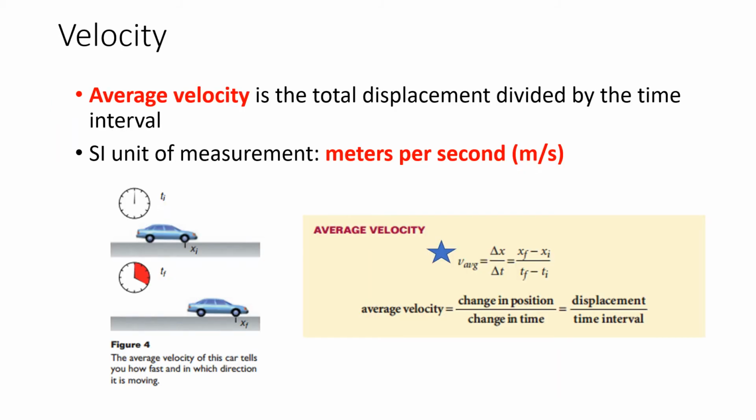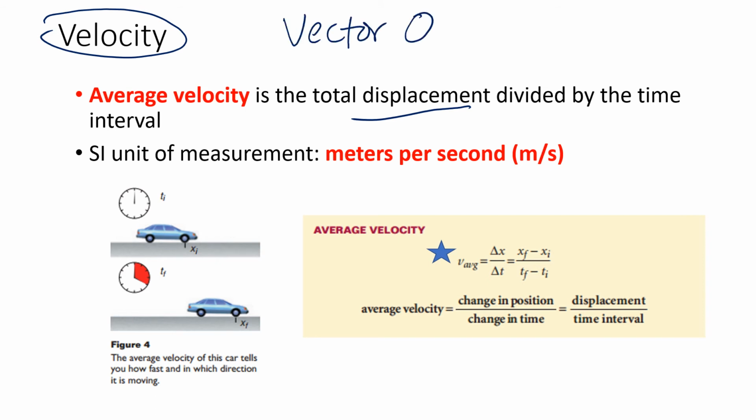You're probably wondering, why am I being specific with distance and displacement? Because velocity is the total displacement divided by the time interval. These terms, velocity and displacement, are all considered vector quantities. Vector quantities have a magnitude, like a number, and a direction.